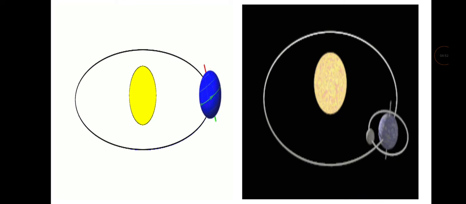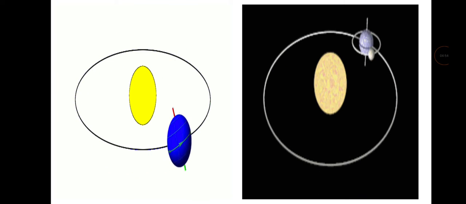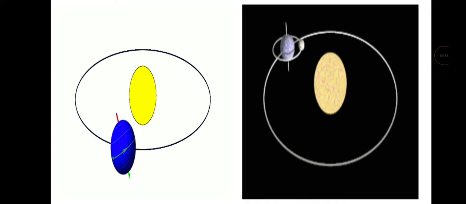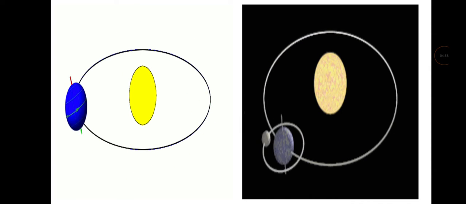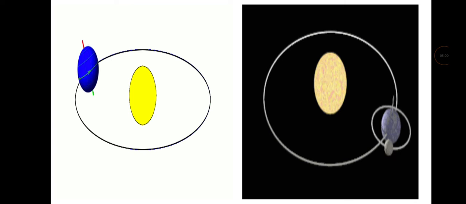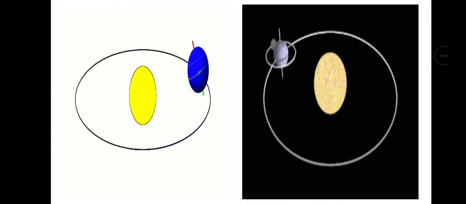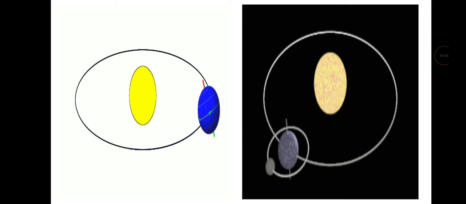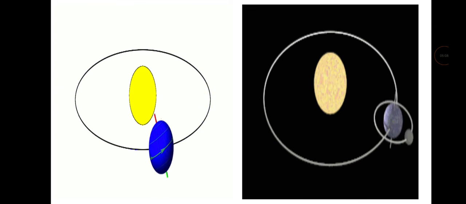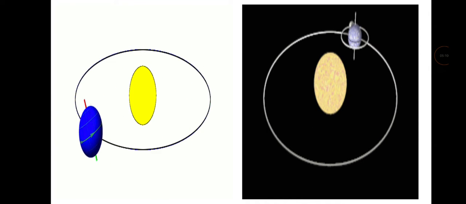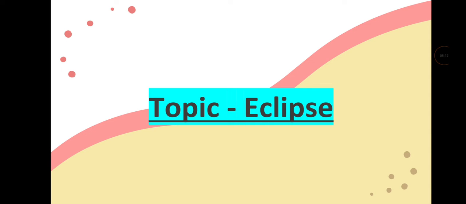And how many eclipses are there? There are two types of eclipses, solar eclipse and lunar eclipse. Solar means related to sun, and lunar means related to moon. So today we will learn about them. Eclipse. Write topic name, block name in good handwriting, write date also.